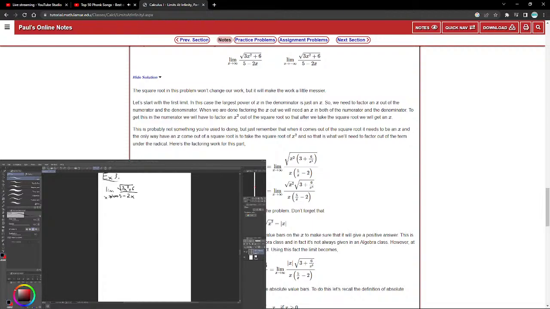So that after we take the square root, we will get an x. This is probably not something you're used to doing, but just remember that when it comes out of the square root, it needs to be an x, and the only way to have an x come out of the square root is to take the square root of x squared. And so that is what we'll need to factor out of the term under the radical. Here's the factoring work for this part.